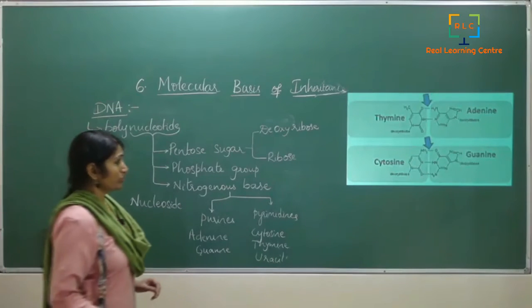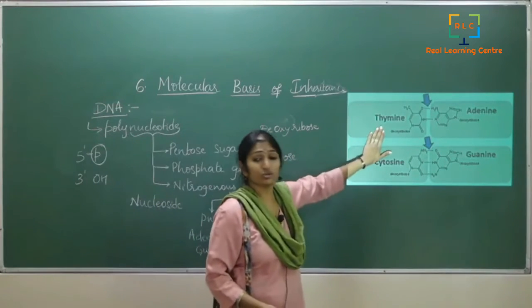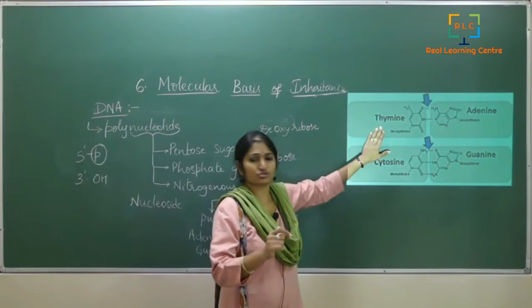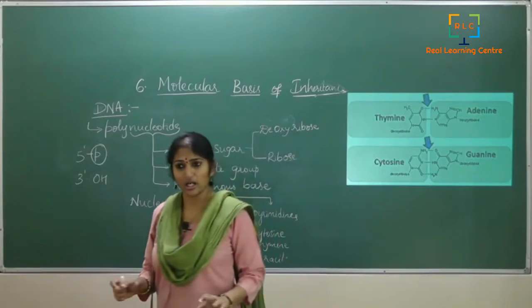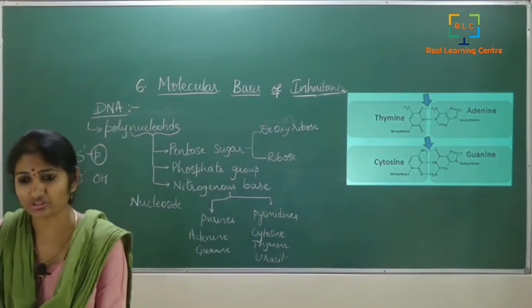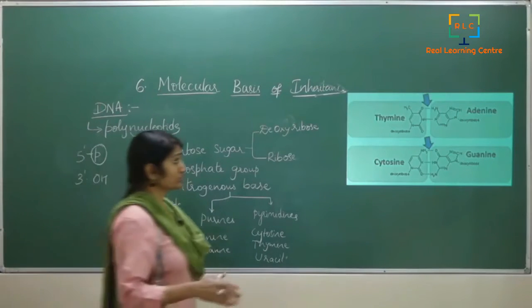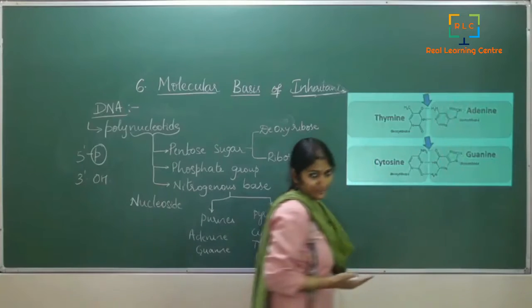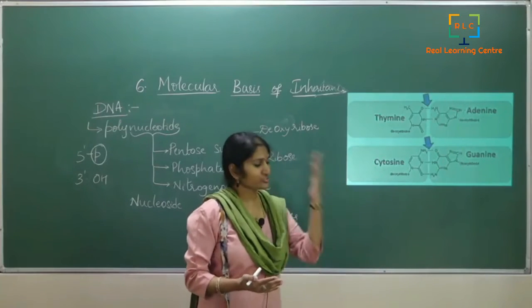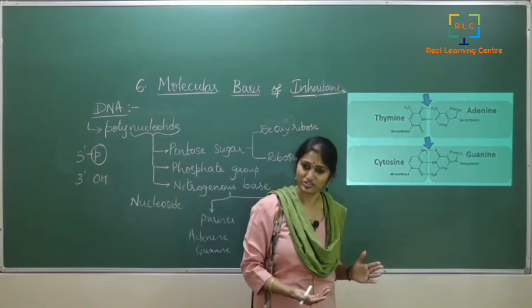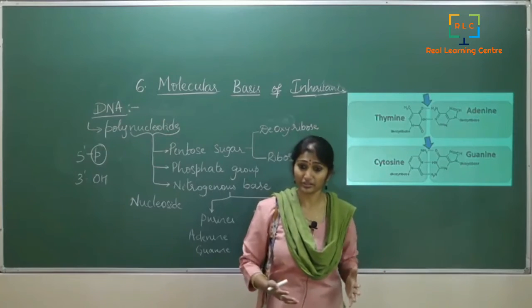So suppose I have thymine on one side. This thymine is a superb molecule, has this superb memory. Its structure also helps to do that, and you see that it can bind only with adenine. When there is thymine on this one strand, there has to be adenine on the other strand, and that is how it is made.